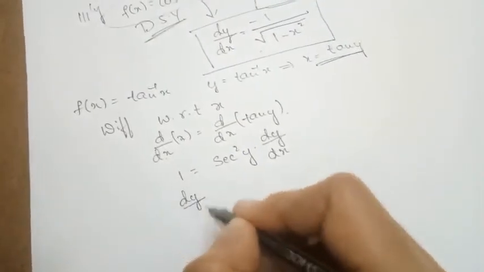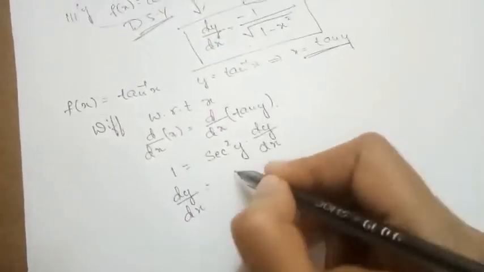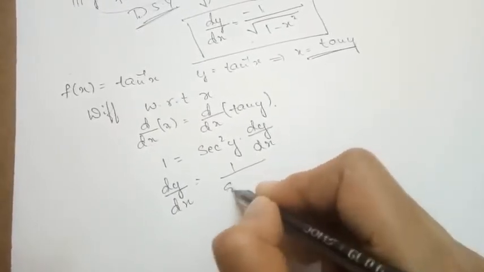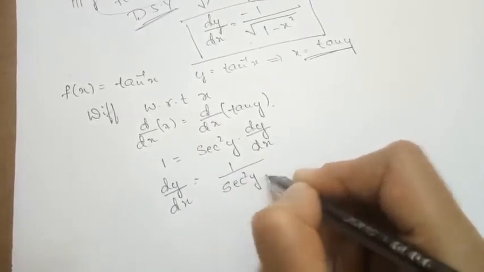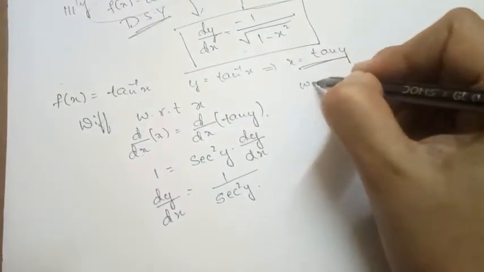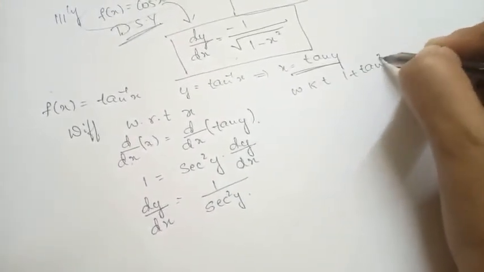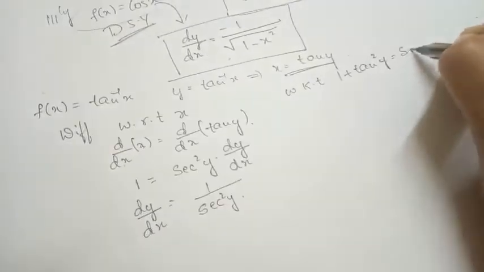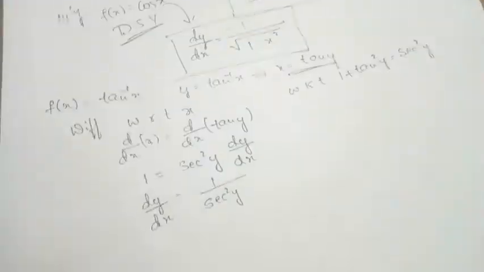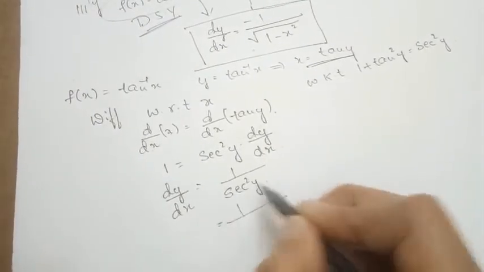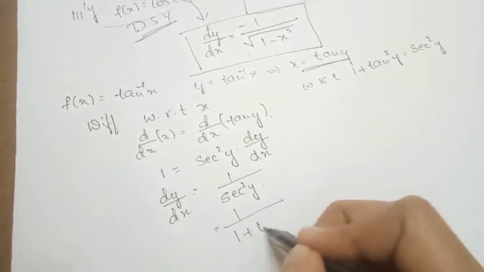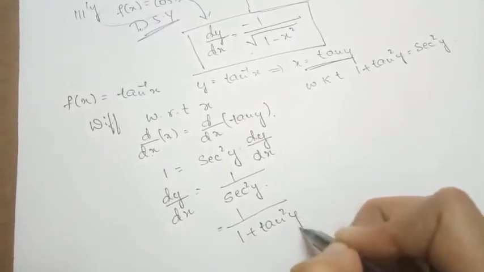So what is the value of dy by dx? It is 1 divided by secant square y, and we already know that 1 plus tan square y is equal to secant square y. So I am replacing secant square y by 1 plus tan square y.